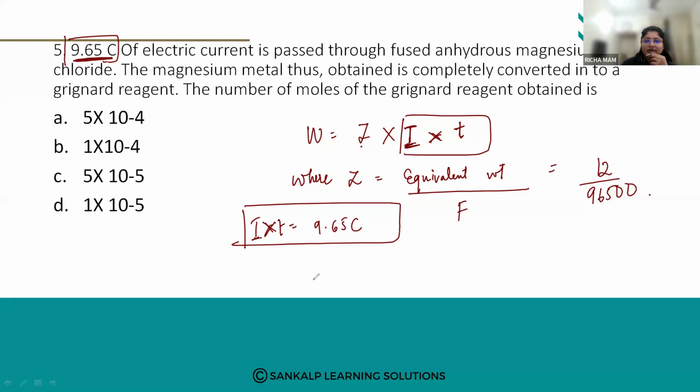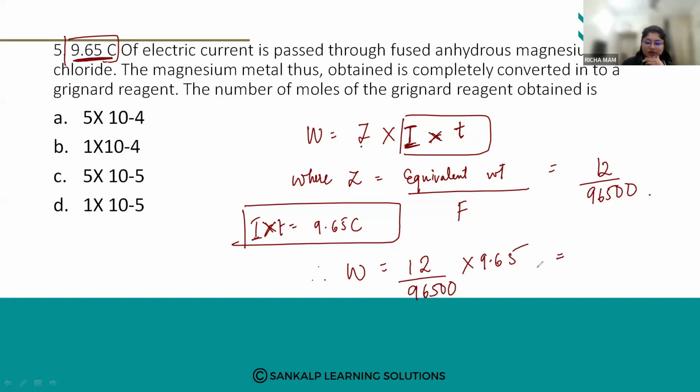So if we calculate, W is equal to Z, which is 12 by 96,500, that is, divided by Faraday, multiplied by 9.65. So how much work is done?